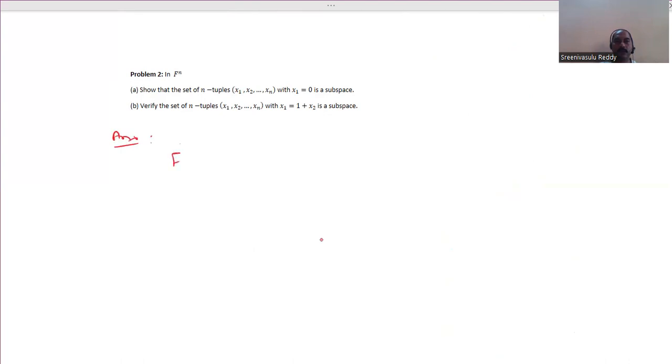For understanding purposes, Fn means the set of n-tuples (x1, x2, and so on, xn), each xi belongs to field F. In place of V, this set is there.